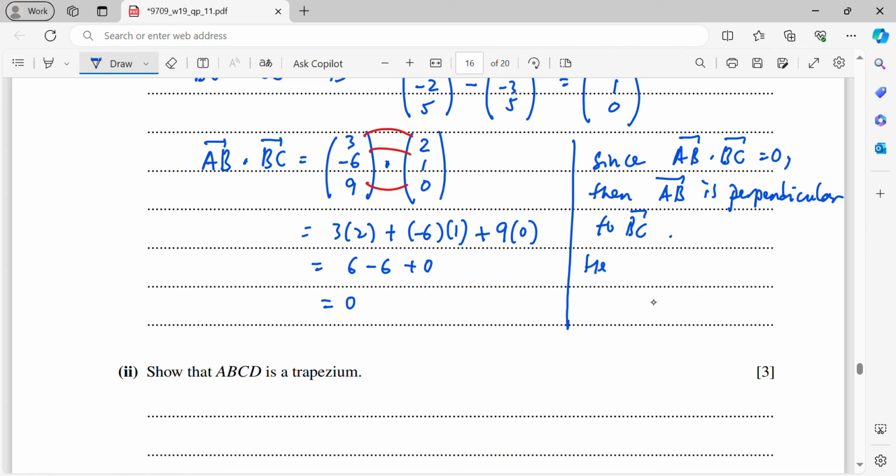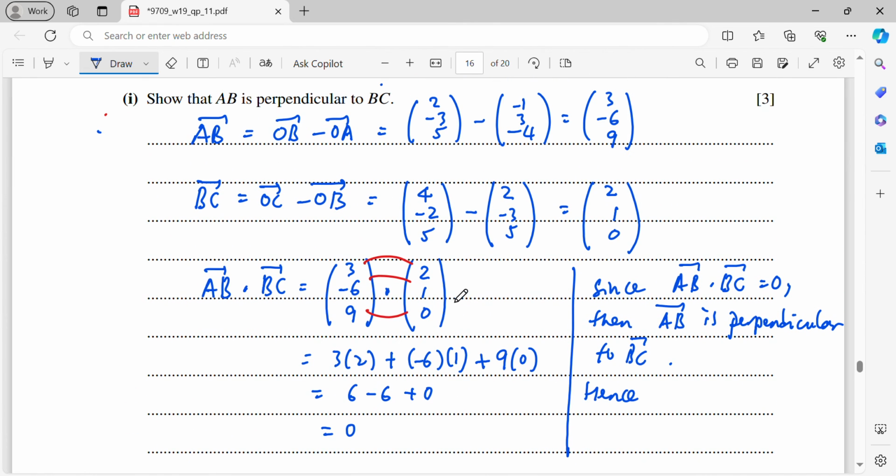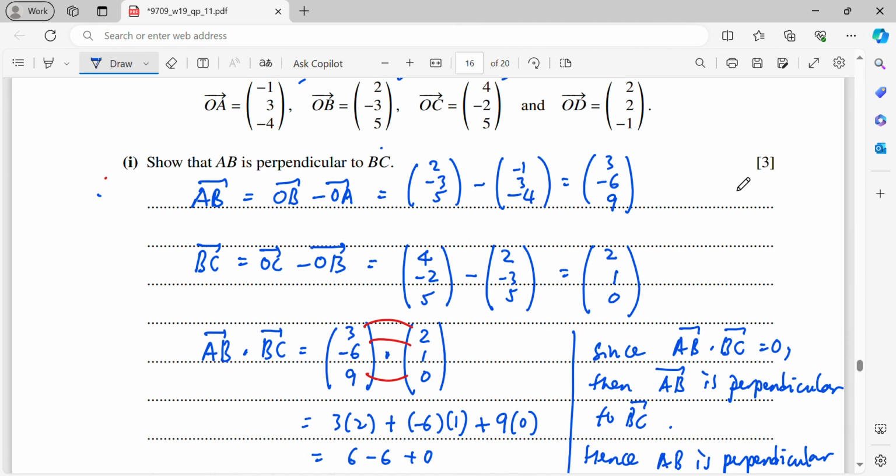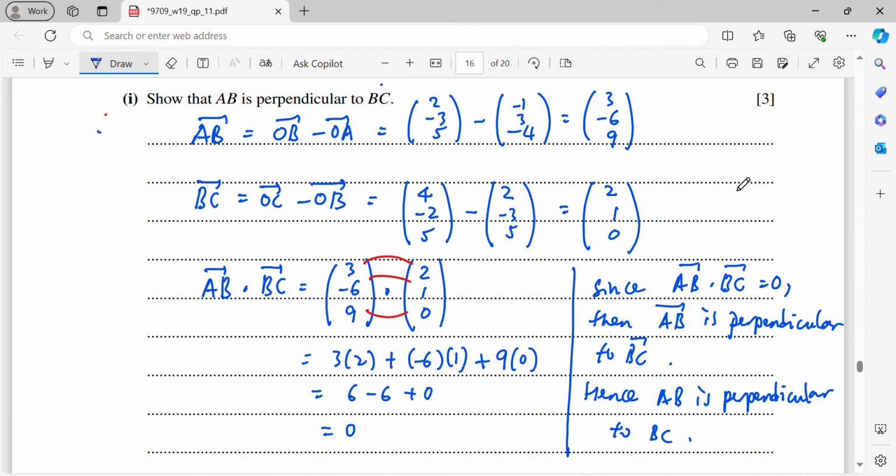Hence, because there's no arrow, no arrow means magnitude, AB is perpendicular to BC. Okay, so that is the working of this part 1.